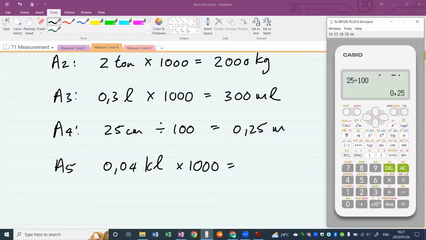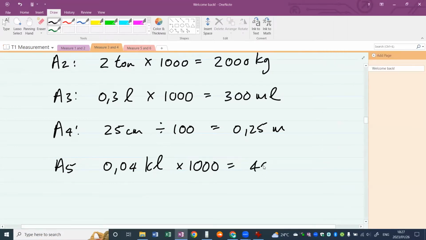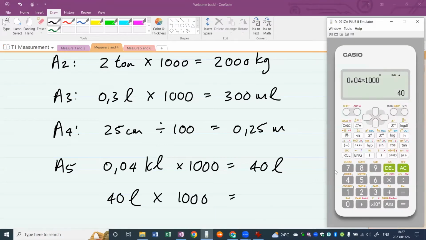Let's use my calculator. Times 1,000, I get 40. 40 what? 40 liters. You must write the unit there. Now I need to take my 40 liters and times that by 1,000 again to get my milliliters. I'm just going to times my answer by 1,000.